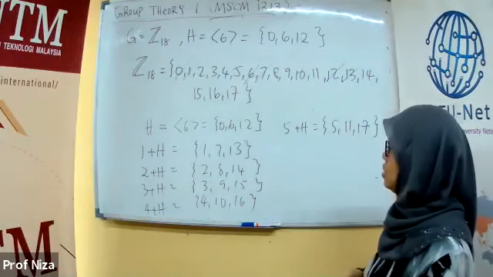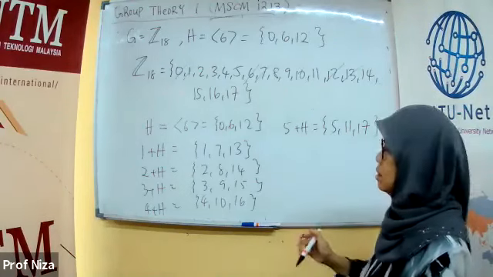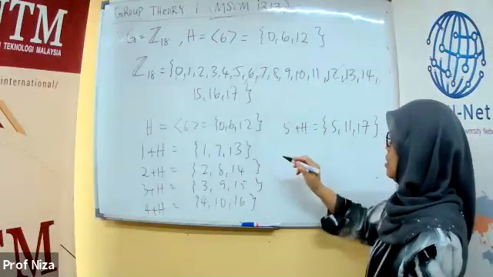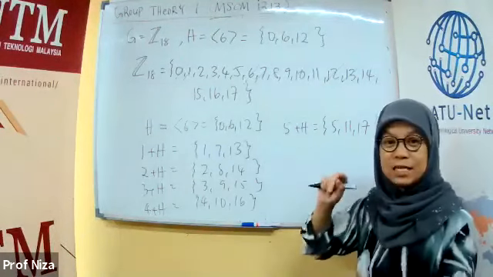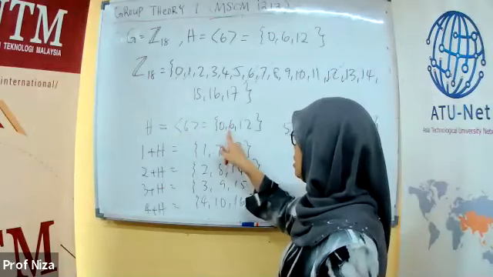I think we have covered all, right? Okay, this covers all. If you cancel, they're all inside already. And even if you want to go to the next one, 6 plus H is again this.